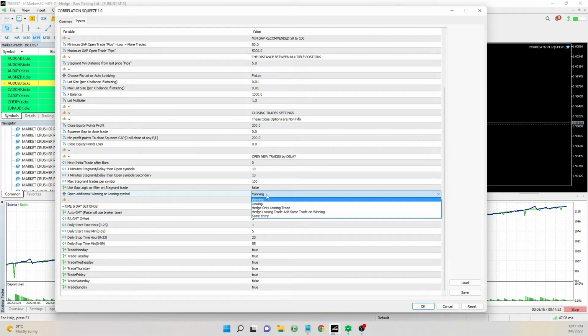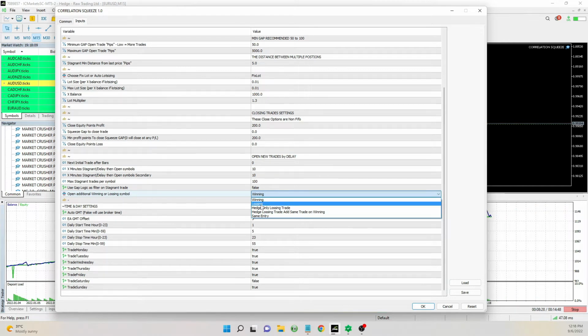Think of them kind of like grids, but not grids. They're opening up by a delay. It's kind of like a delay grid. So you have losing. If you're using one symbol, instead of opening up one symbol at a time, you'll probably want to choose losing. Or we have other types of entries. We have hedge only losing trade.